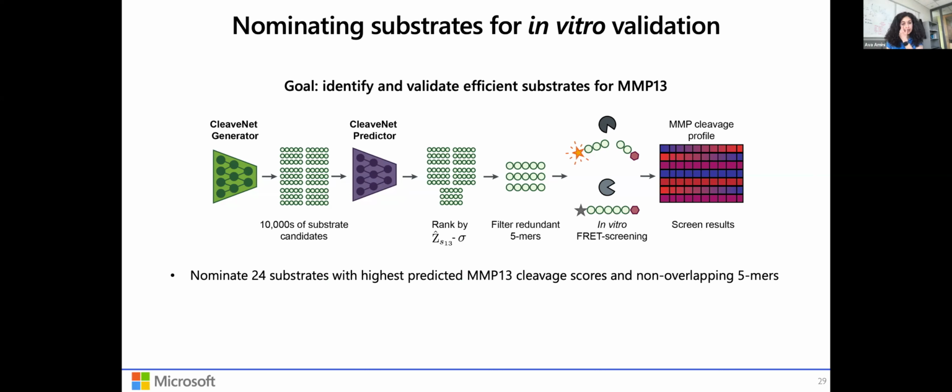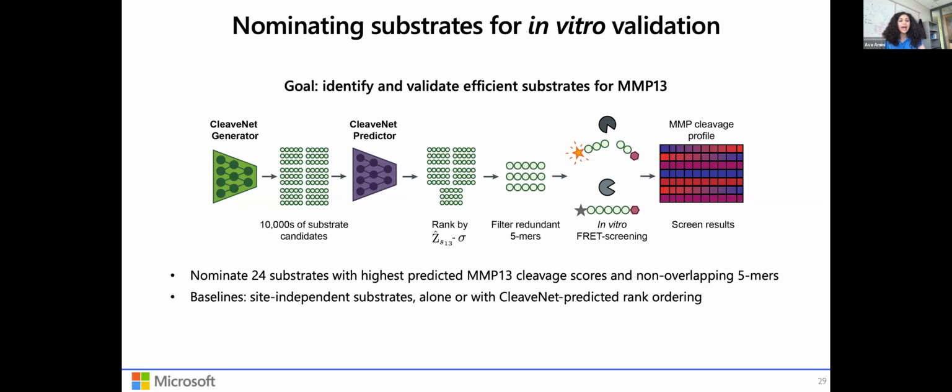So in particular, we use this approach to nominate 24 distinct sequences that we assessed would be highly likely to be efficiently cleaved by MMP13, and looked at a number of baselines. Thinking again about our site-independent sampling approach, either alone, as I showed before, or by actually leveraging the predictor model to score and rank order those that were predicted to have high cleavage efficiencies by MMP13.